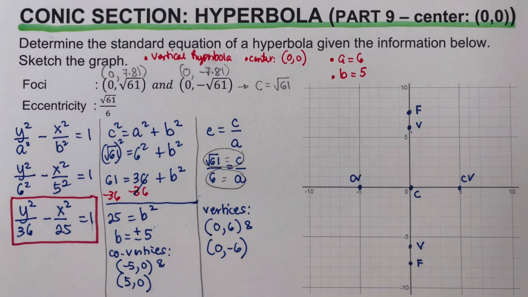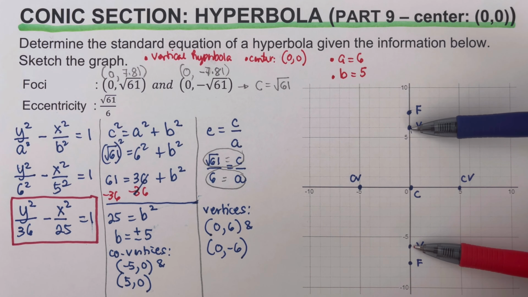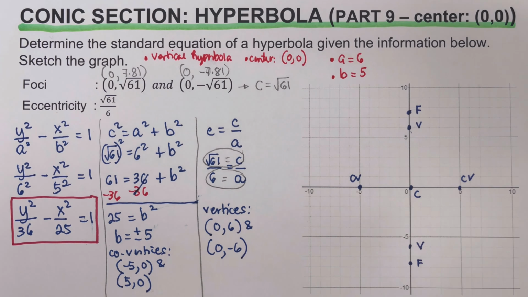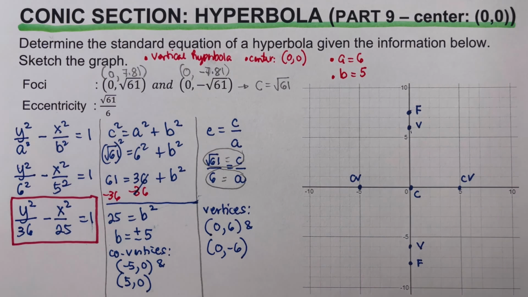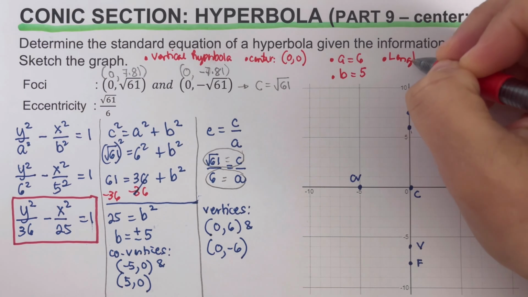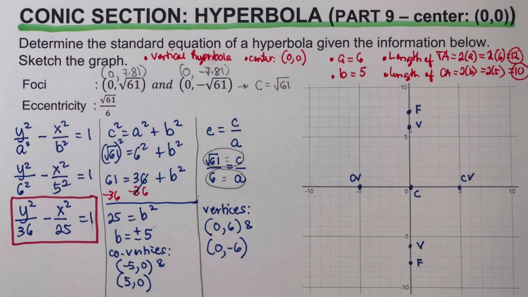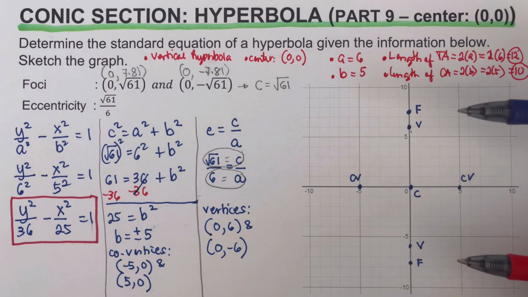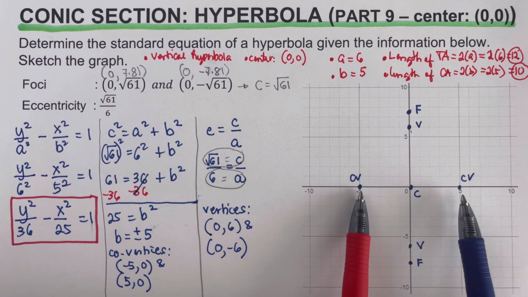Okay, so we can go ahead and determine the length of transverse axis, that is the distance from the vertex to the other vertex, and the length of the conjugate axis, that is the distance from the co-vertex to the other co-vertex. I'm going to show the work up here. Okay, so the length of the transverse axis is 12, while the length of the conjugate axis is 10.